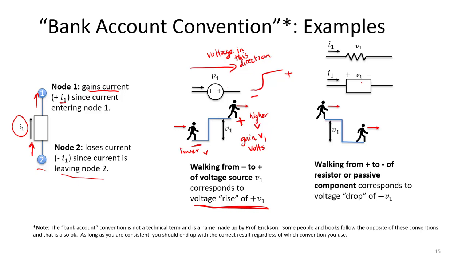In contrast, if I walk from positive to negative of a circuit element, or if I walk in the direction that the current is flowing through a resistor, so again, notice the direction. I'm trying to find voltage in the same direction as my current flow.